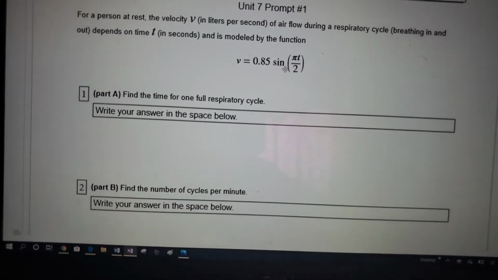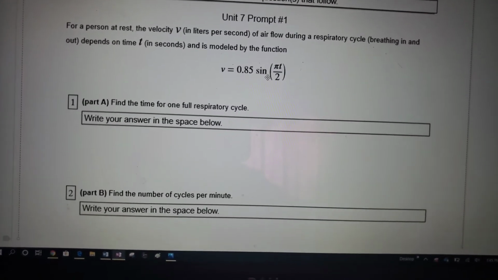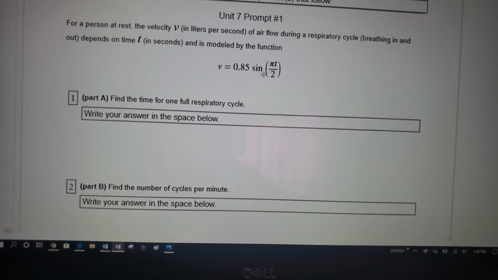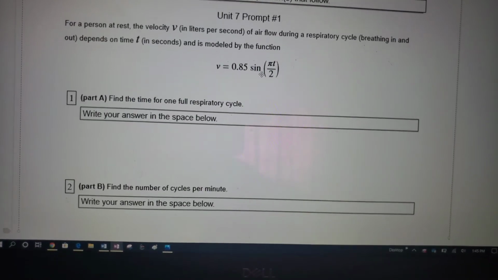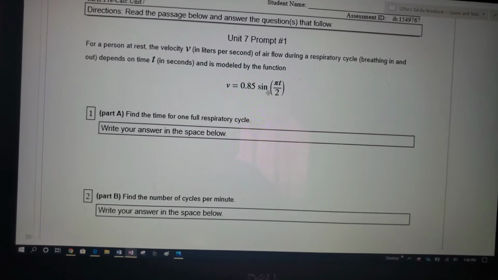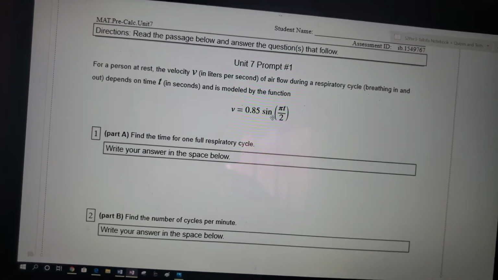Now the second one is asking us to find the number of cycles per minute. Okay, we know what the period is, so this is a little easier. Let's go back to our paper.